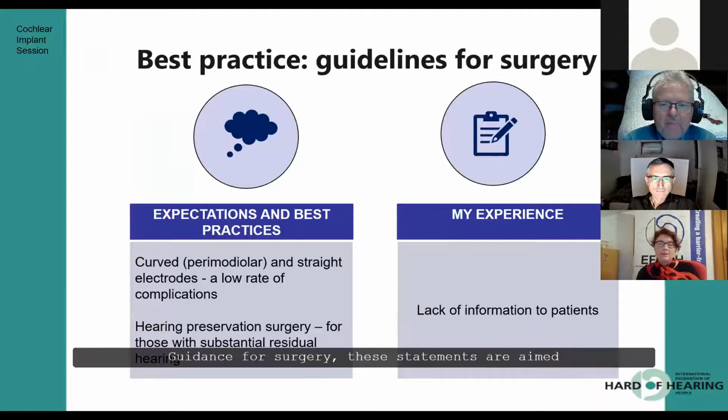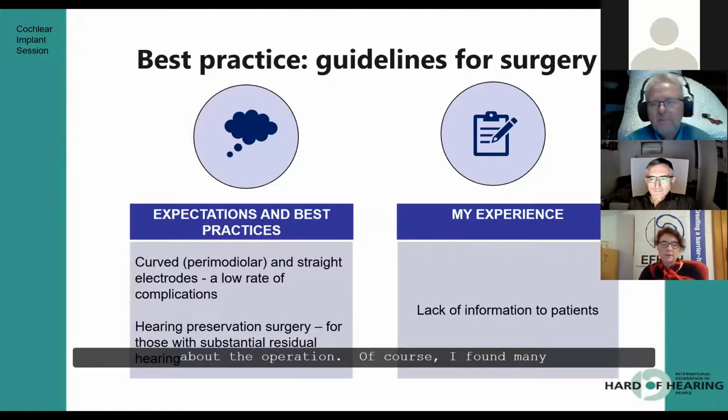Guidelines for surgery. This statement is aimed at surgeons, but it is important to keep in mind that patients are in contact with them a lot. I can say that during my first implantation 6 years ago, I really missed a good explanation of the procedure, the presentation of the electrodes, the benefits of one or another, and the procedure of the operation.